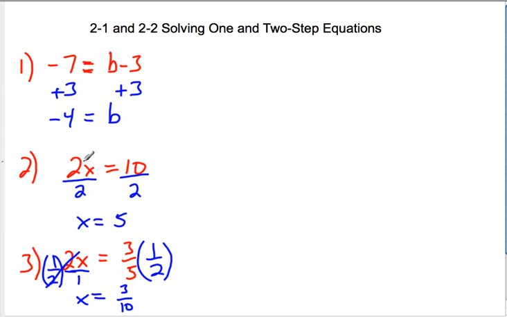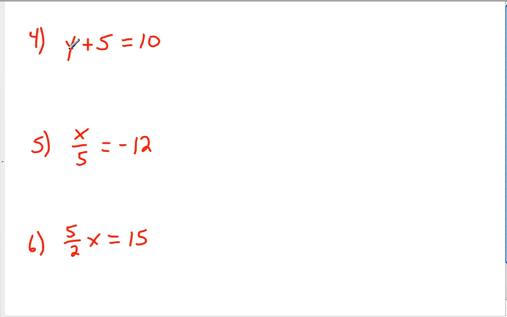So even though these start out the same, they both have the same left side, we're both dividing by 2. The division by 2 takes the form of a multiplication by 1/2 here, which we know is the same thing.